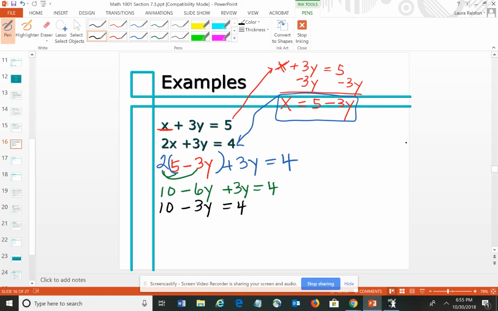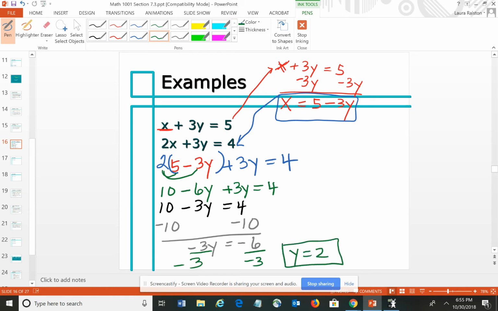I'm trying to solve for y, because now that's the only variable that remains. I've gotten rid of one, so I have minus 10, minus 10. So I have negative 3y equals negative 6. Then I'm going to divide both sides by negative 3. So I find that y is positive 2.